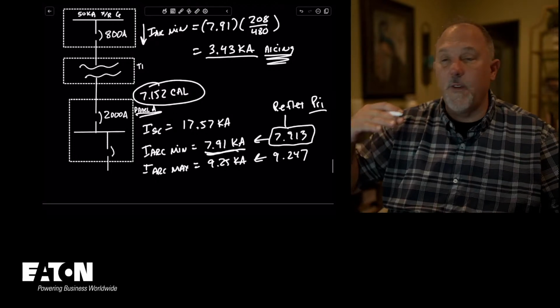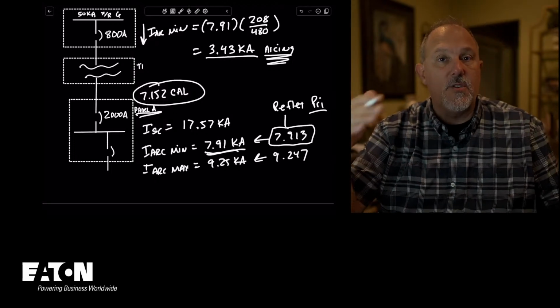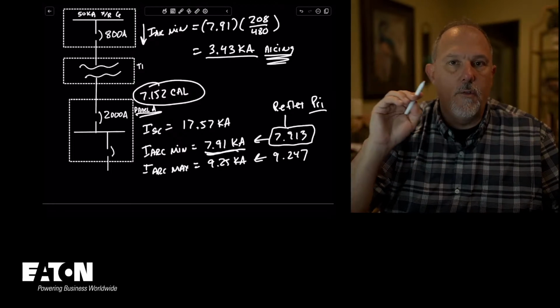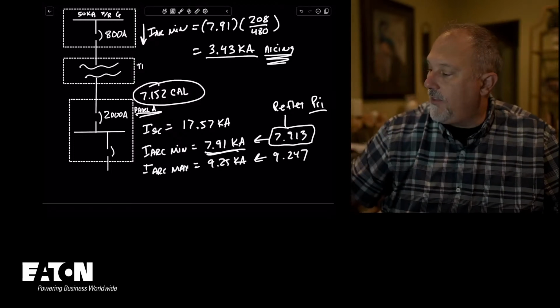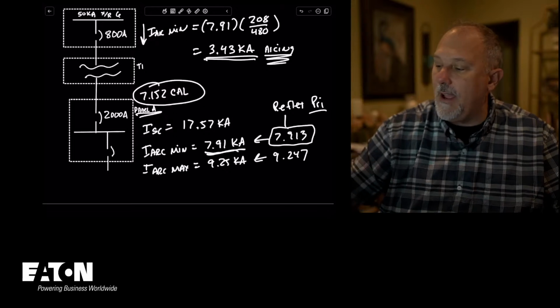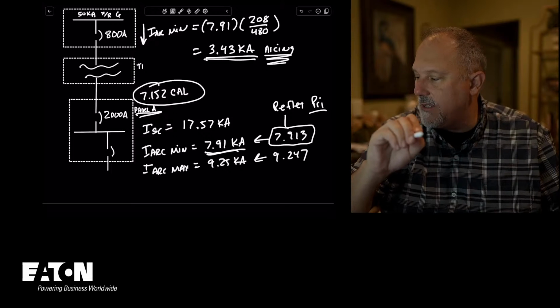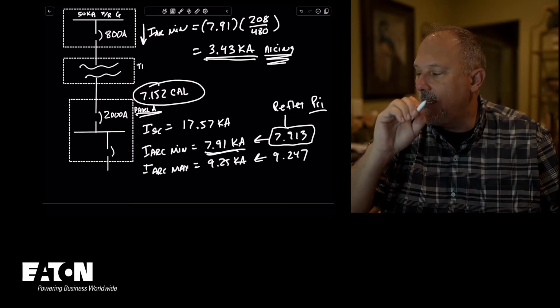We then had to reflect that to the primary, so we took 7.91 times 208 over 480, and we got 3.43. So the primary 800 amp breaker is going to see 3,430 amps.